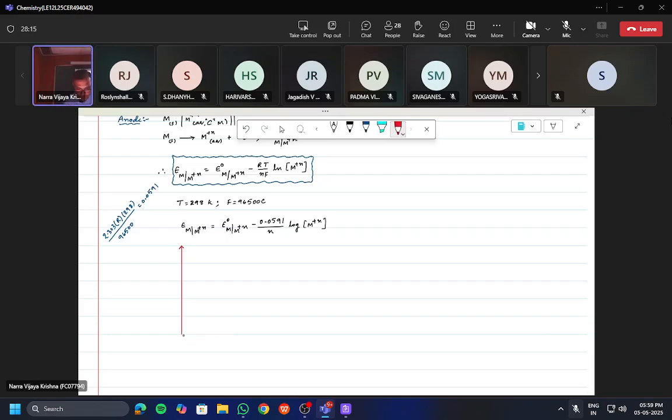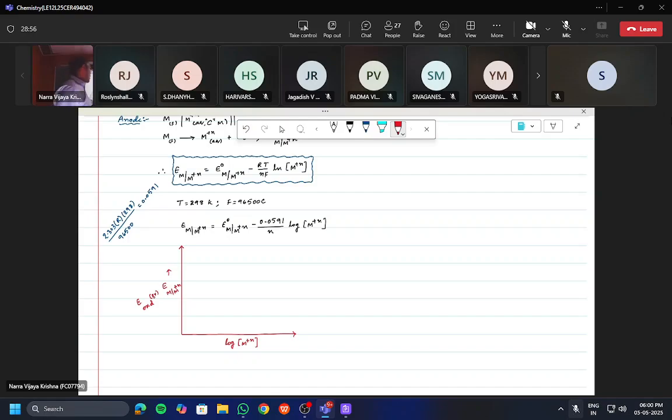If I plot a graph between E of M to M plus n versus log of concentration of M plus n, what do you get? Instead of writing this as E of M to M plus n, can I write it as E oxidation?